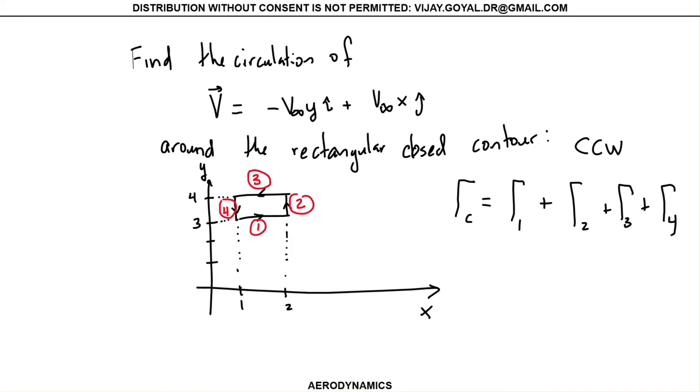And as a review, the total circulation, counterclockwise around this contour, is the integral of v dot ds. In our problem, instead of ds we will use dr, but we are basically doing the same thing. So let's see how this works. We're going to go to the next slide and work this out.